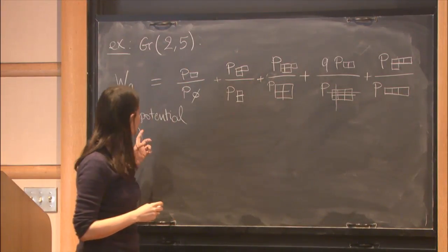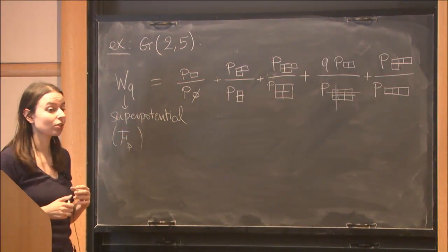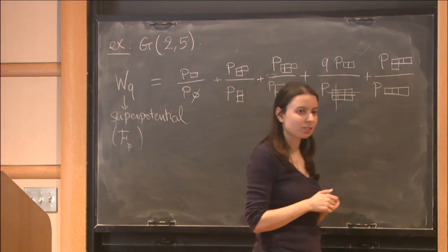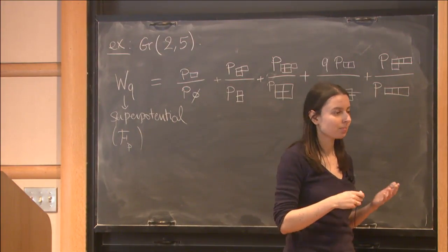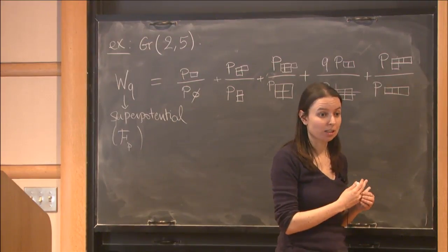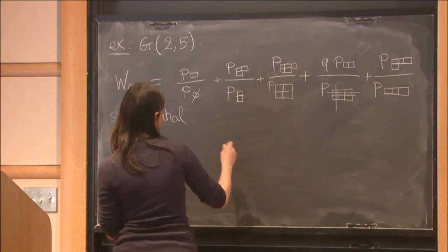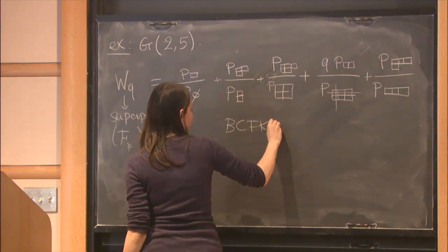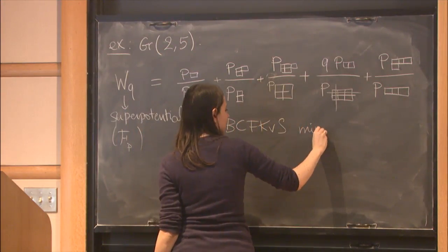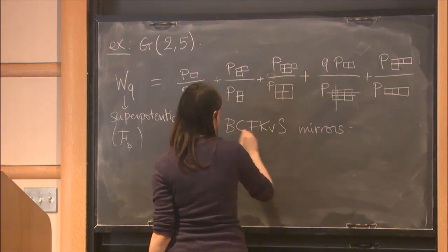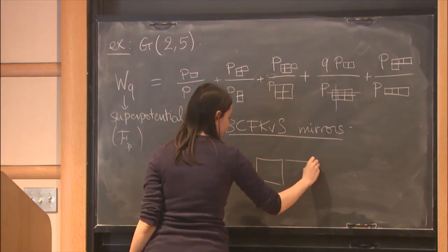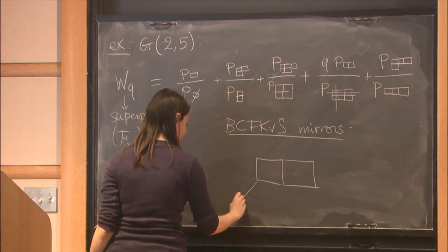This superpotential is a partial compactification of the Batyrev-Ciocan-Fontanine-Kim-van Straten Landau-Ginzburg mirrors for Grassmannians. The way they go, you draw a graph.